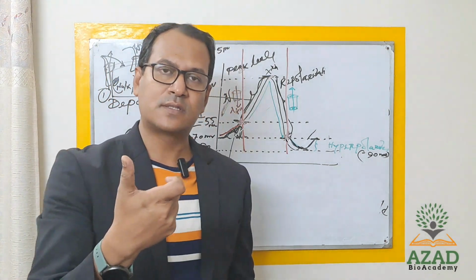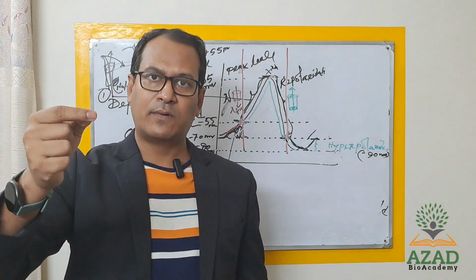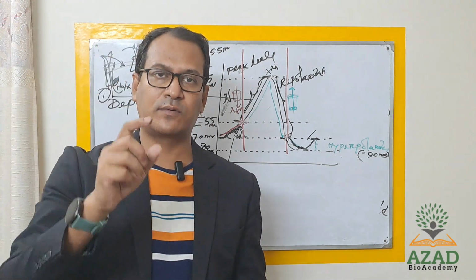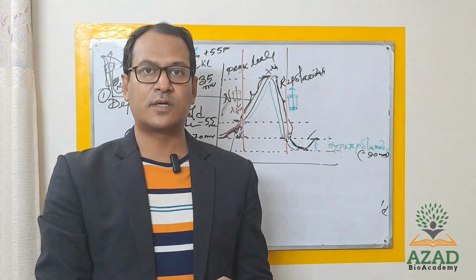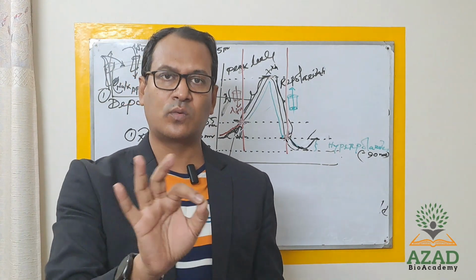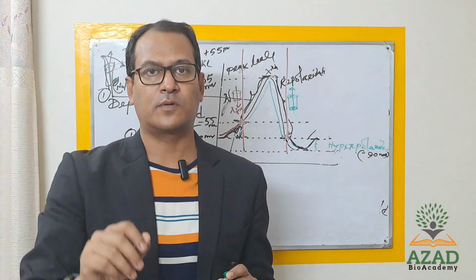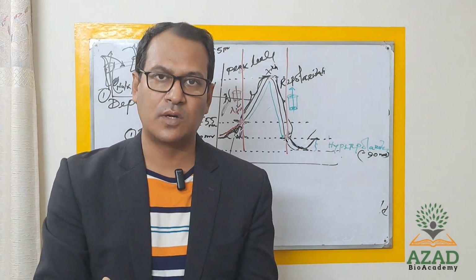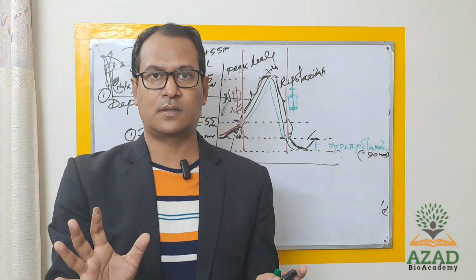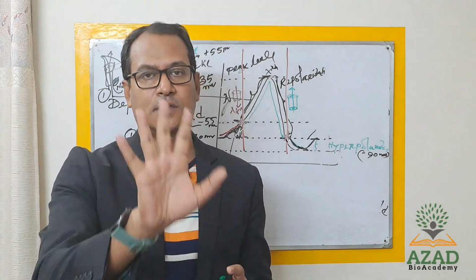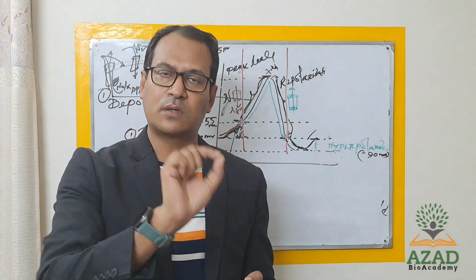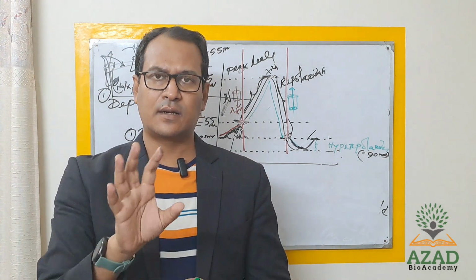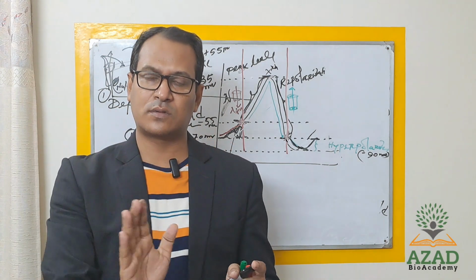When it is stimulated at the optimum level, it reaches the threshold level and starts an action potential. At that time, if you stimulate a second time, the nerve cell will never respond. Even if the stimulation is excessive, so high, it does not matter, the nerve will never respond. That is one refractory period. You can say the nerve is in rest and will not respond.